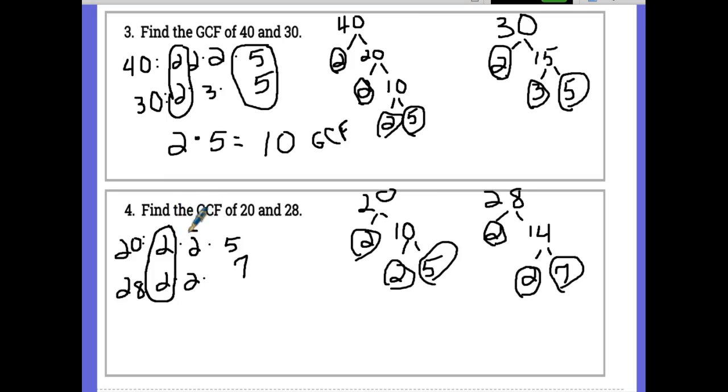So there's a 2. There's another 2. This has a 5, this has a 7. Those are not common. I'm going to leave those alone. And I'm going to multiply 2 times 2, and that equals 4. So my greatest common factor for 20 and 28 is 4.